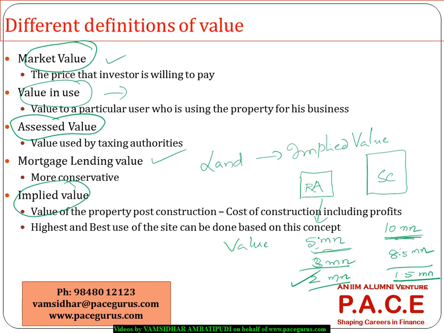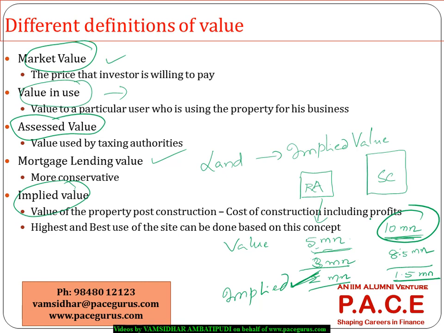So when I am looking at the best usage of this particular land, especially for land, we use this mechanism. If I have to look at the best usage of this property, I should look for the one that gives me the highest implied value of the land, but not the highest overall value after something has been erected on it.